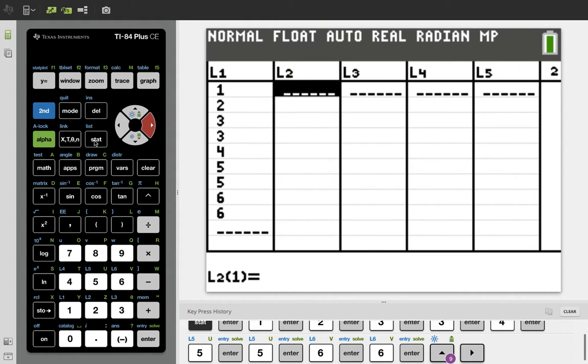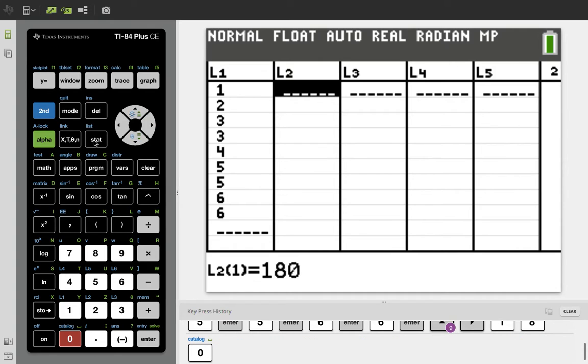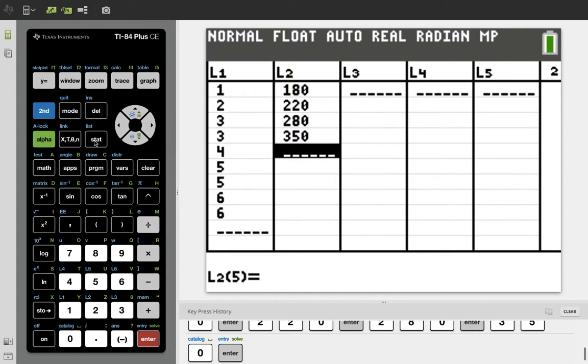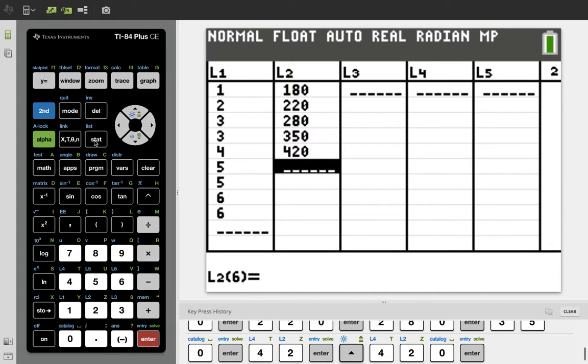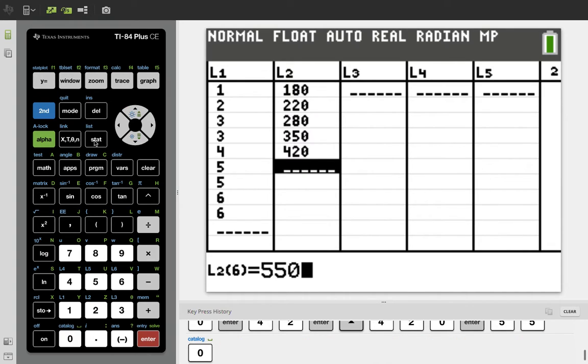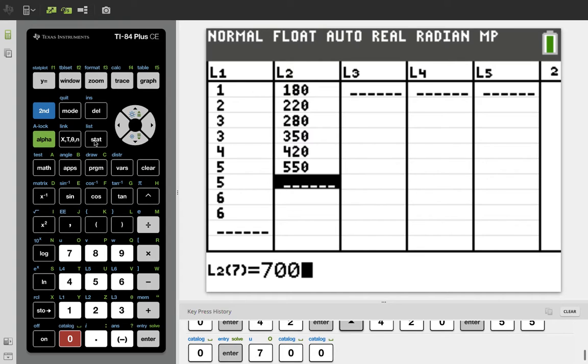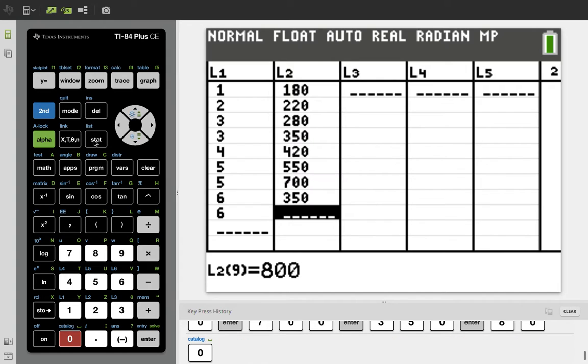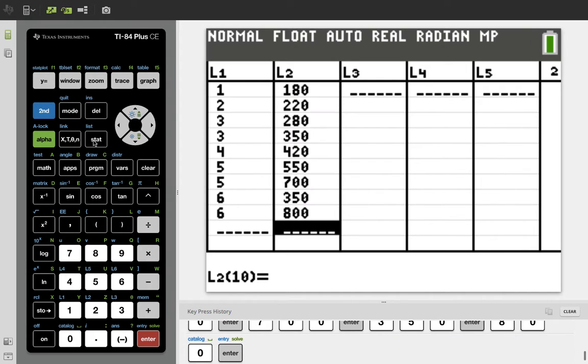Now I'm going to type in my Y's under L2: 180, 220, 280, 350, 420, 420, 550, 700, 350, 800. All right, so I have that.